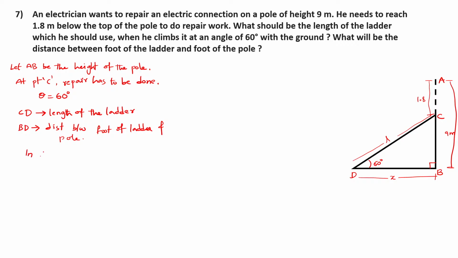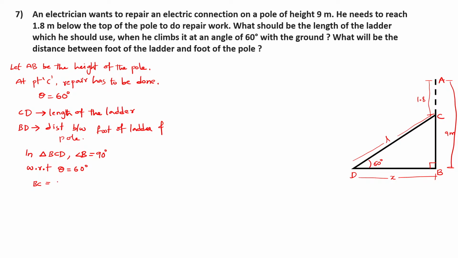Now in a triangle BCD, angle B is equal to 90 degrees, so it became a right angle triangle. With respect to our acute angle theta equal to 60 degrees, BC will be the opposite side, and that is given as how much?